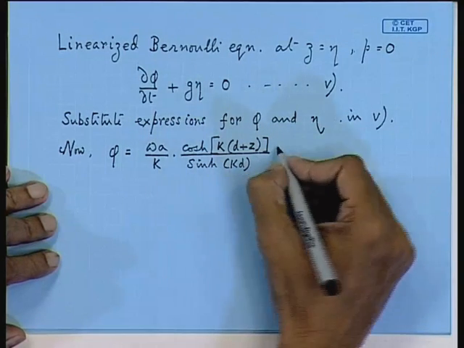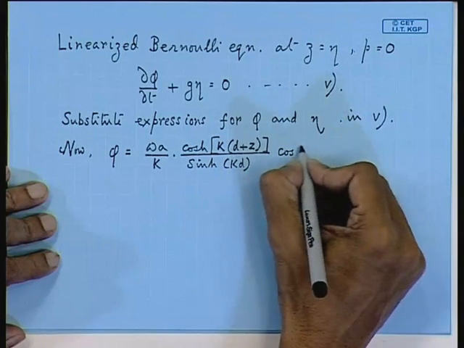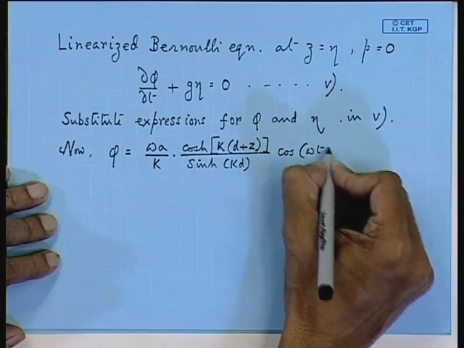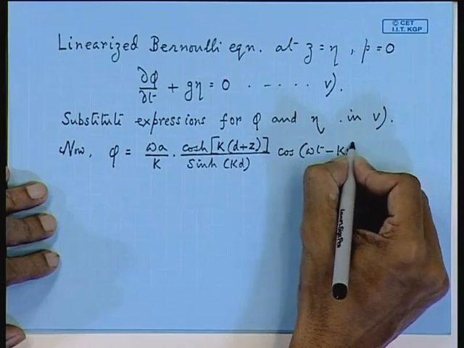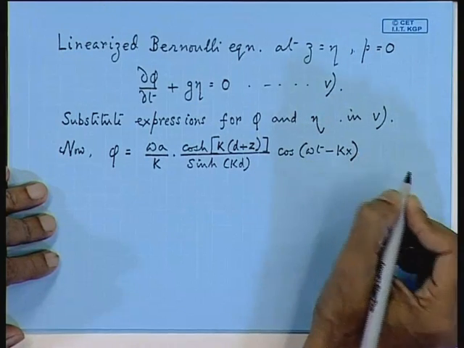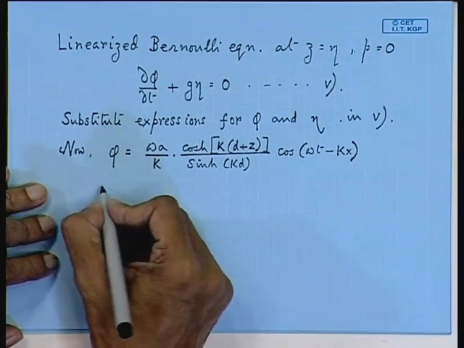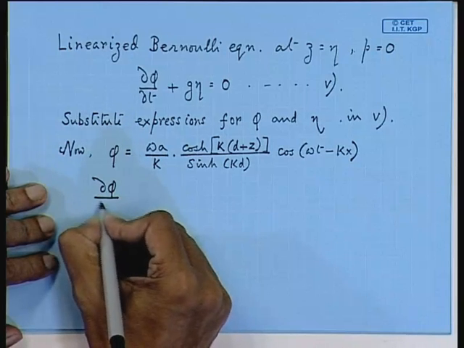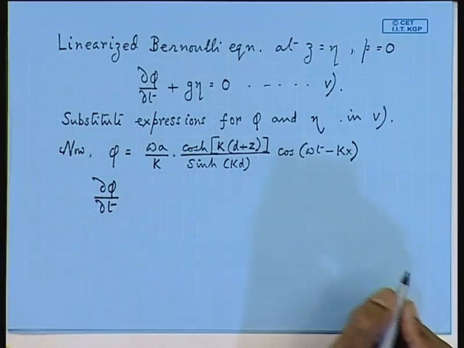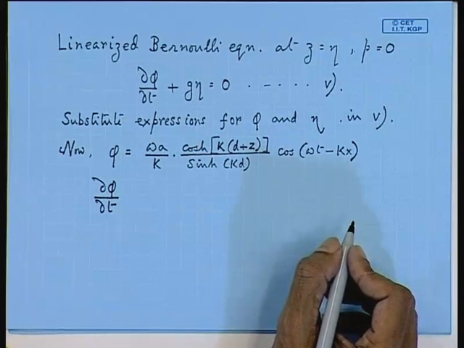Now, what other term is there? The cos term is there, so this is cos of omega t minus k x. Omega t minus k x is called the phase angle, remember that. Now, in this expression you find del phi by del t, so differentiate this expression with respect to time. How much do you get?